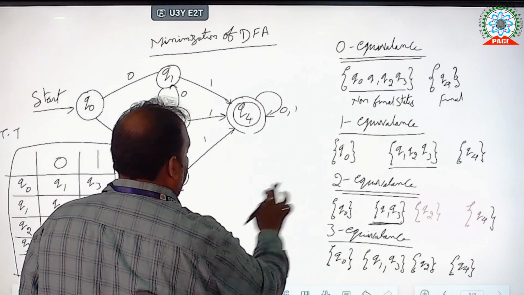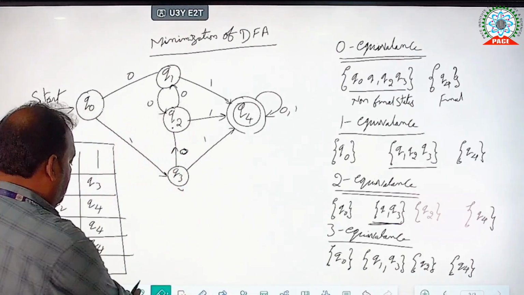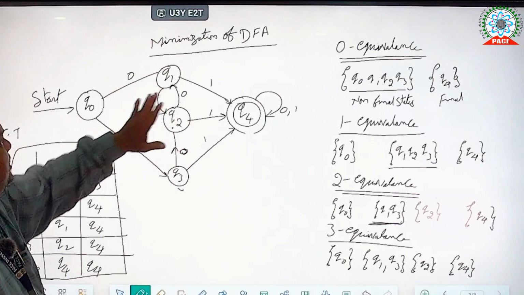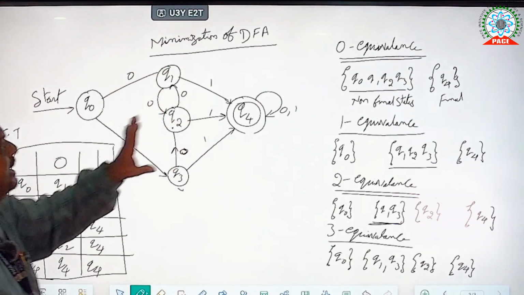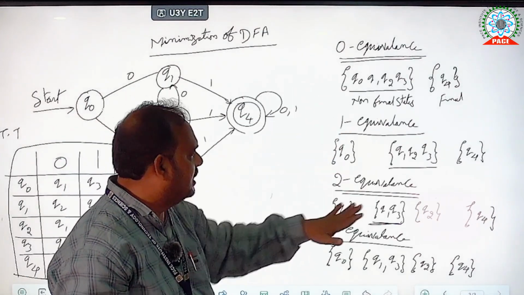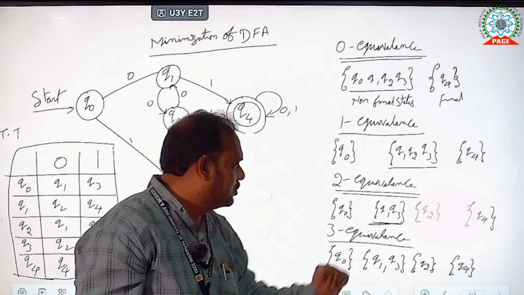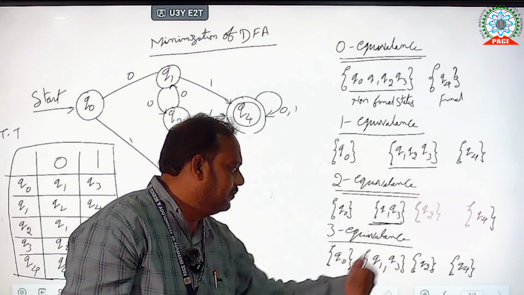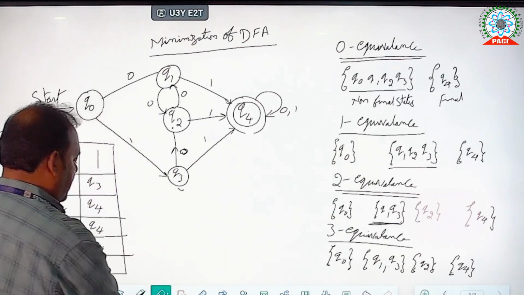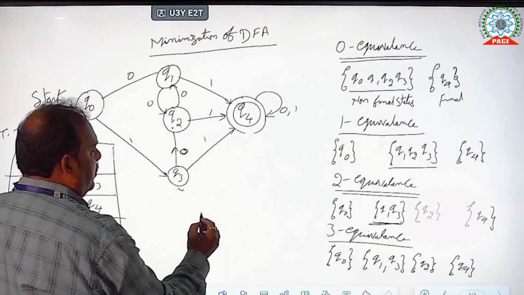So the equivalence-based minimization of the DFA is complete; the table is like this and the equivalence is like this. From the zero equivalence we have two states, the one equivalence three states, the second equivalence four states, and the third equivalence four states. Based on the equivalences and this table, we have to draw the transition diagram like this.